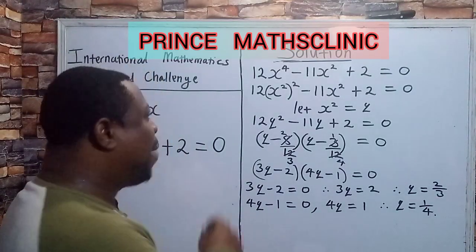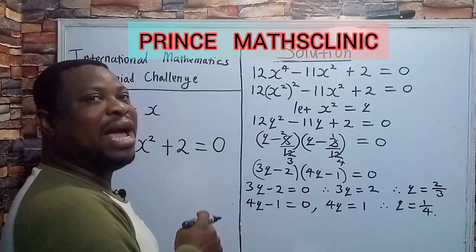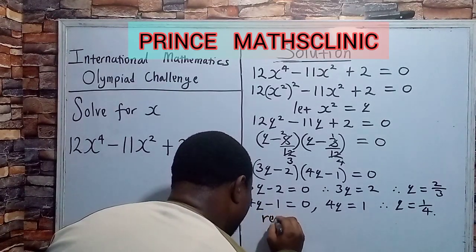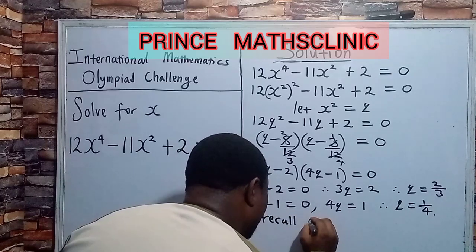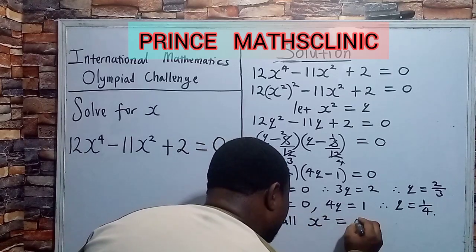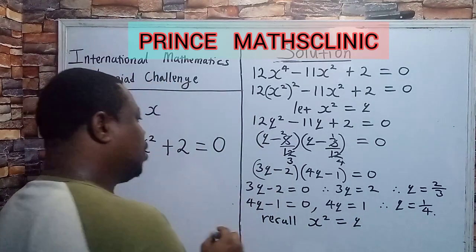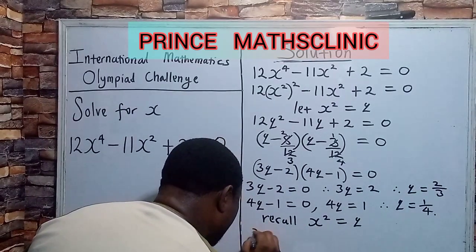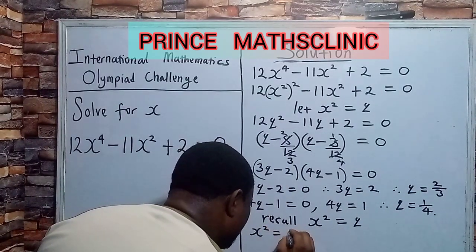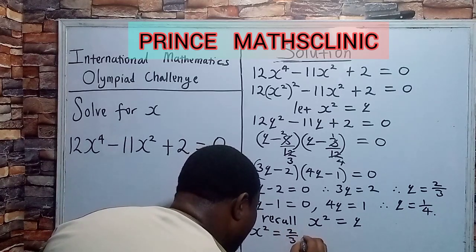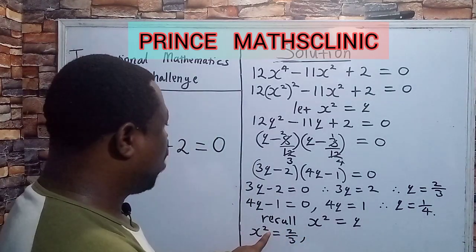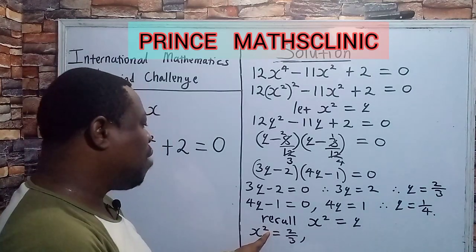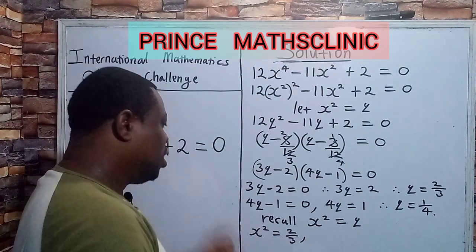Then I have to go back to recall that I've said that let my x squared be equal to q. So if q is 2 over 3, that means that x squared is equal to 2 over 3. And to take this square off, I have to multiply both powers by 1 over 2. If I multiply this by 1 over 2, the square goes.